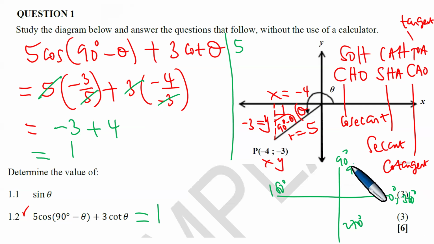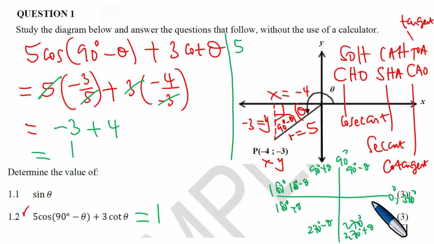Then we have 90 minus theta, 90 plus theta, 180 plus theta, 180 minus theta, 270 plus theta, 270 minus theta, 360 minus theta, and 360 plus theta.